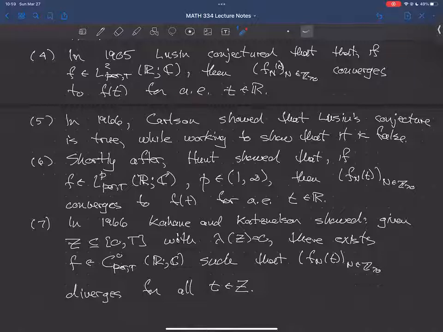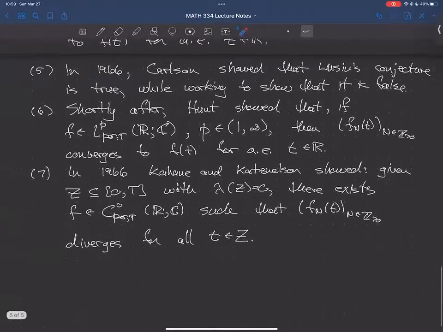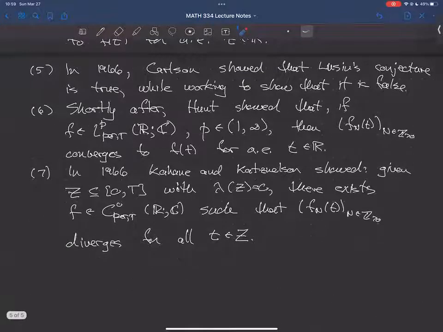So you're never going to do better than except on a set of measure 0. But Kahane and Katznelson showed that you get divergence on any set of measure 0 that you wish. Okay, so pointwise convergence almost everywhere, but pointwise divergence on a set of measure 0 that you can prescribe.